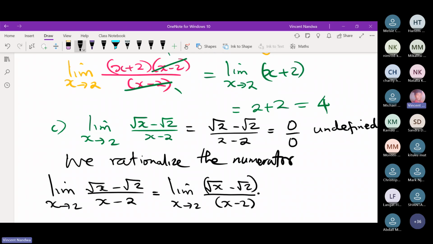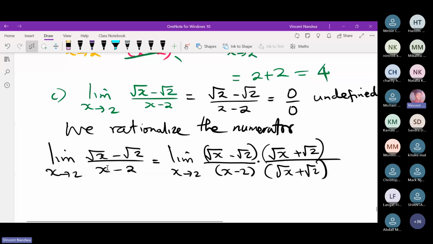So what is the conjugate of root x minus root 2? Root x plus root 2. This is exactly the same thing we did in Form 3. So root x minus root 2 times root x plus root 2 simplifies to? x minus 2.